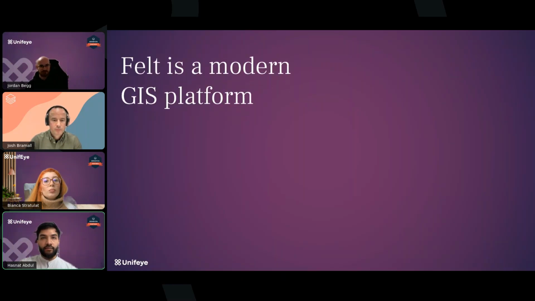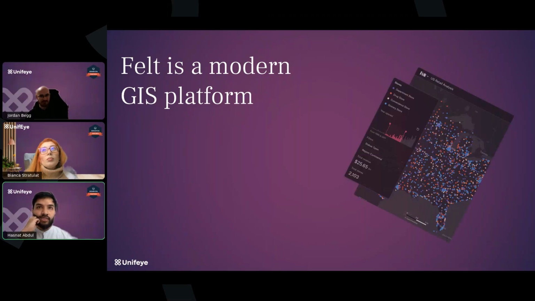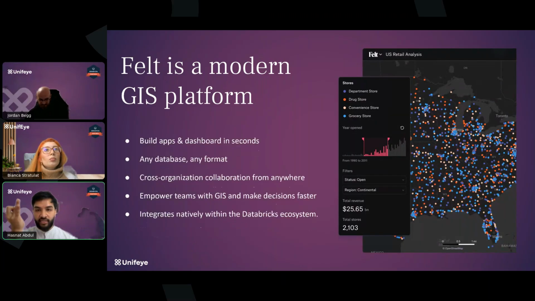So yeah, what is Felt? It's a new modern solution to geomapping. It's quick to use, it's visually aiding, and integrates really well with AI. And it brings a very quick ease of connection to data. So it connects well with Databricks. You can connect to SQL servers, you can connect to Postgres, Databricks especially.